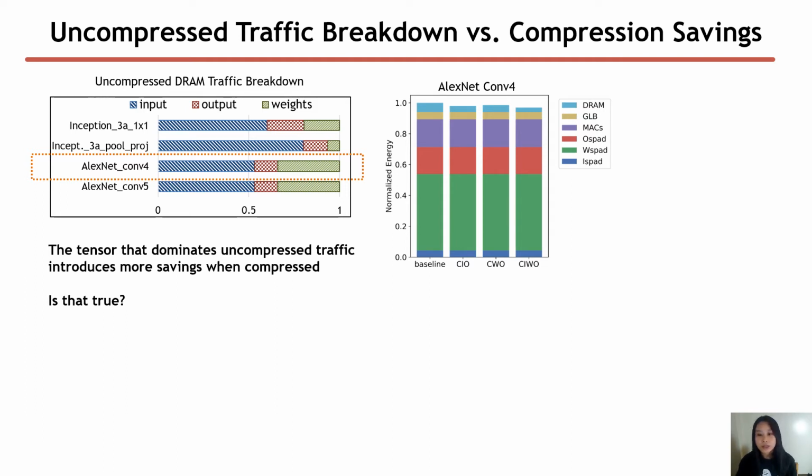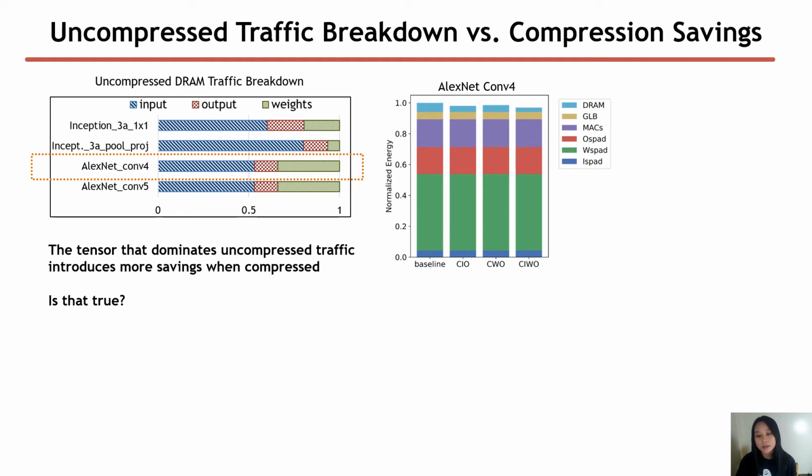And on the right, we're showing a Timeloop V2 analysis of this kind of optimization application. In this figure, the x-axis is showing baseline, which is no optimization applied, dense workload, dense architecture.